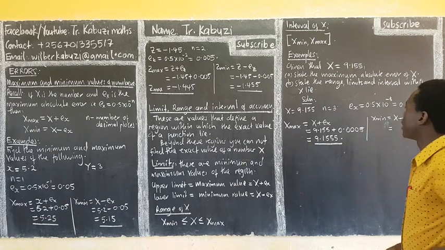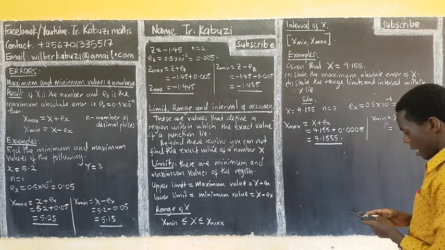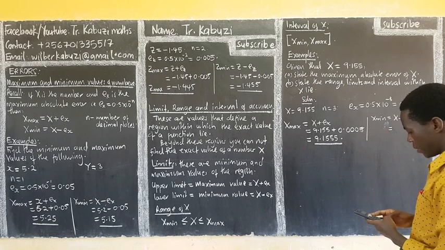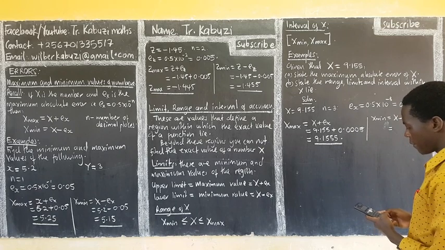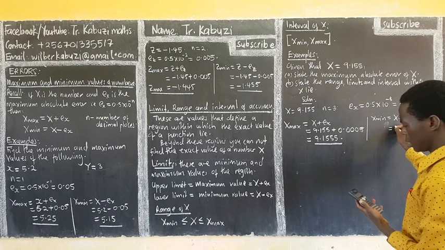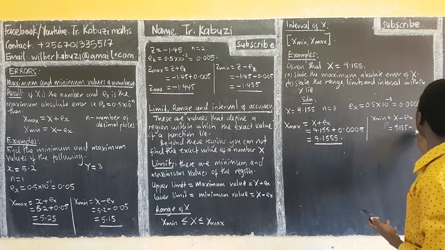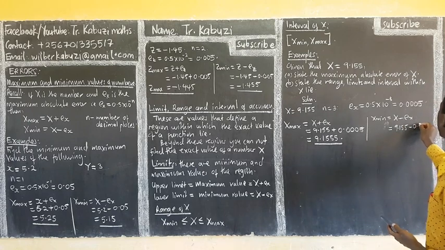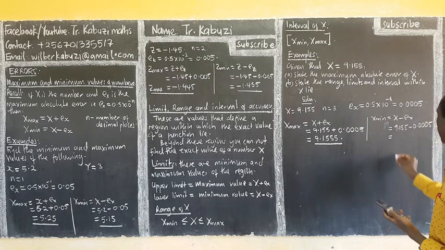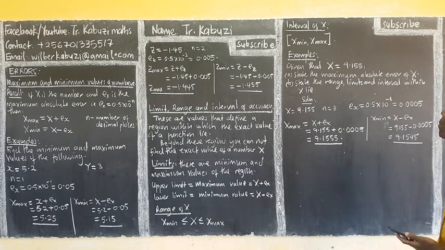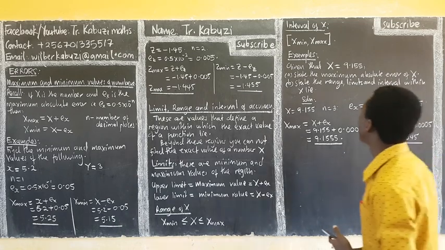So we have 9.155 minus 0.0005, and the answer we get here is 9.1545. This is our minimum value. This is our maximum value.